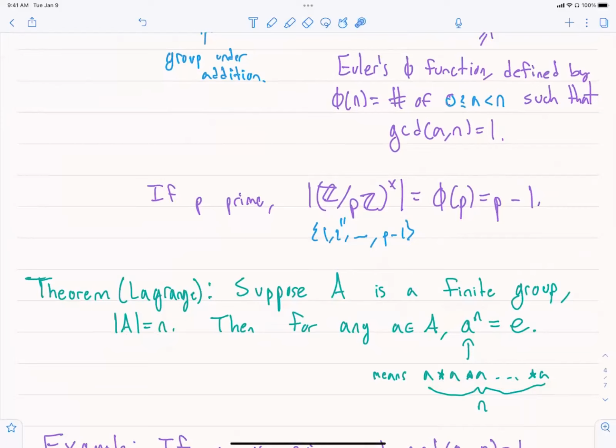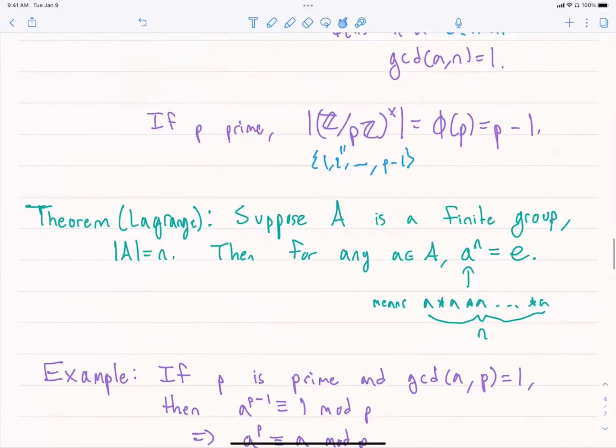But usually when we're writing in general, we write with this multiplicative, exponential notation instead of writing n times a. But the point is, there's some number such that when we raise a to that number, we get the identity element, no matter which element of the group I take to start with.